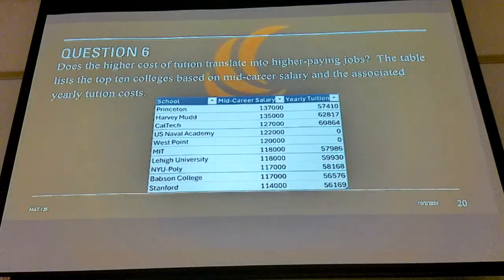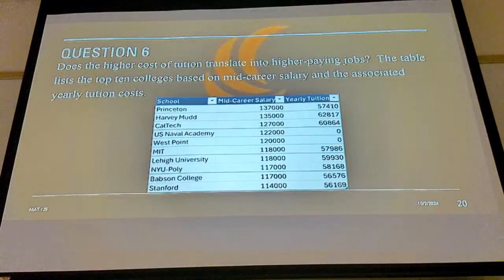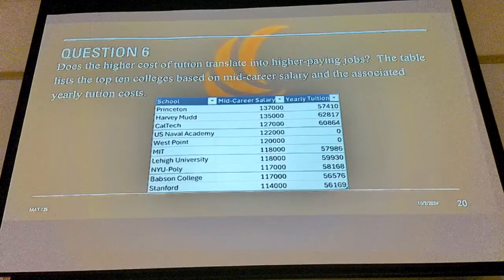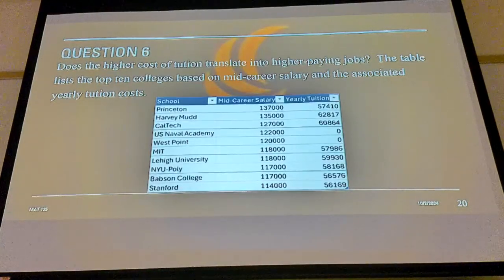So does higher cost of tuition translate into higher paying jobs? The table lists the top 10 colleges based on mid-career salary and the associated yearly tuition costs. So this should be near and dear to everyone's heart. Does paying more for college correlate with an increase in salary? Let's find out.